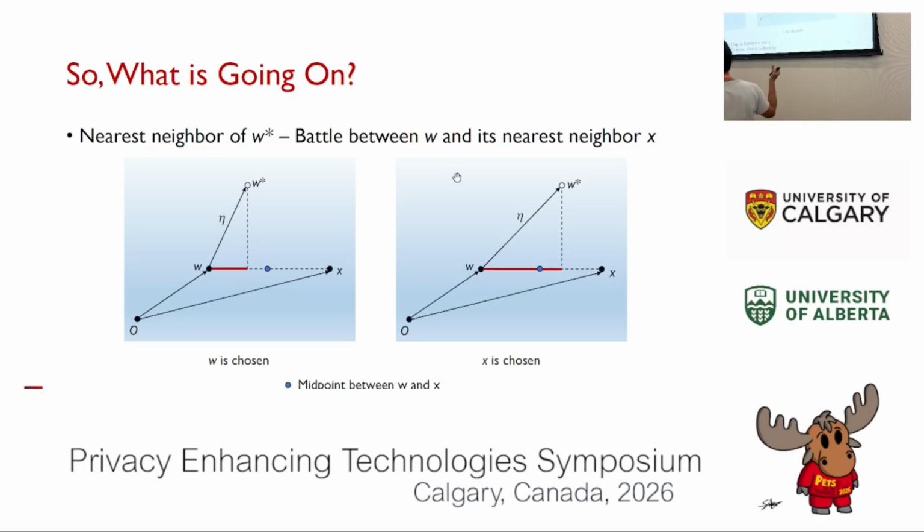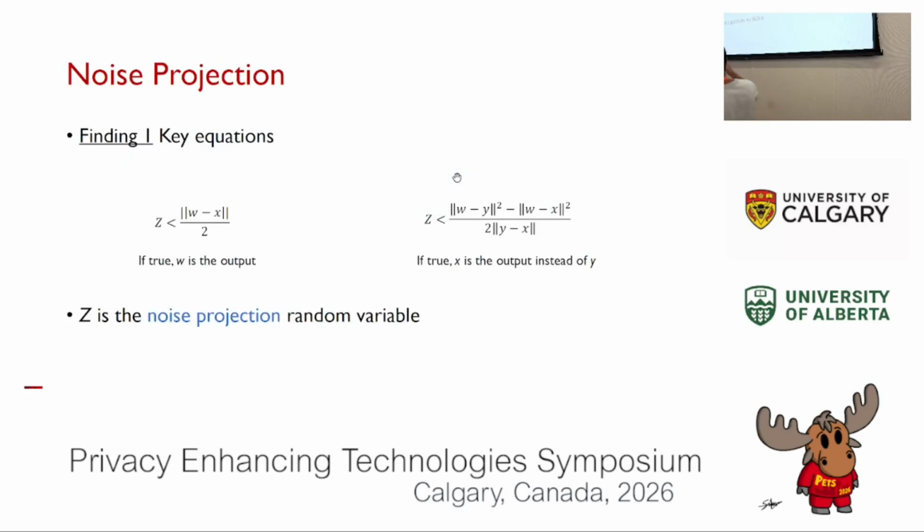If it's more, then the nearest neighbor is output. So this gives rise to this equation on the left, and I've got capital Z as the noise projection distribution. Similarly, we can also obtain an equation for any two neighbors of the word W. So this dictates if X or Y will be selected as the output by the mechanism.